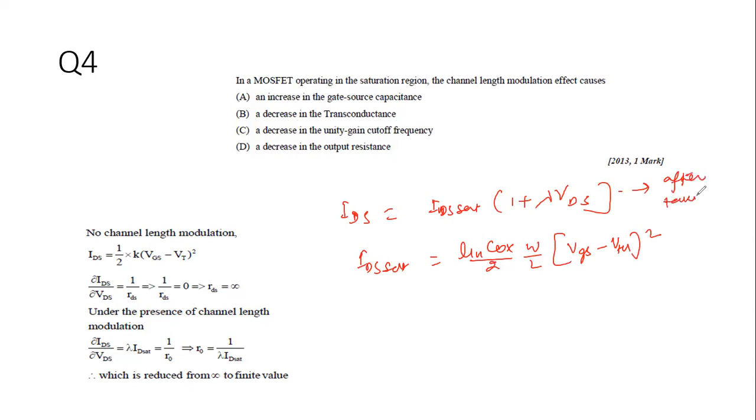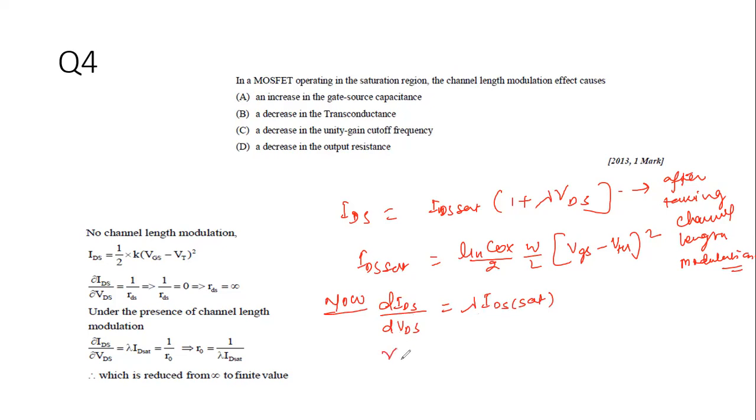This is the current equation after taking channel length modulation. After taking the channel length modulation, IDS equals IDS saturation into 1 plus lambda times VDS. Now just put here: dIDS upon dVDS is equal to lambda times IDS saturation.